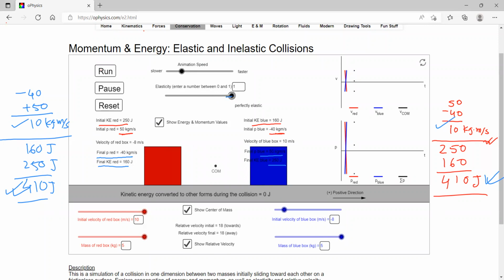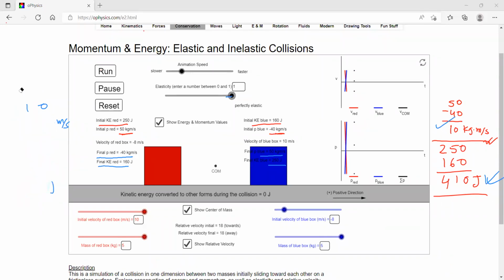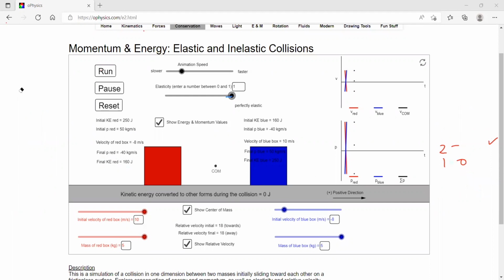Okay, all right, so once we understand this, the next thing I want to show you is the velocity. Let me erase this. The other thing I want to show you is this one.